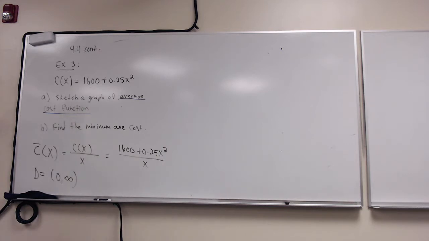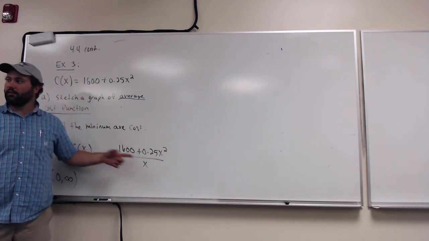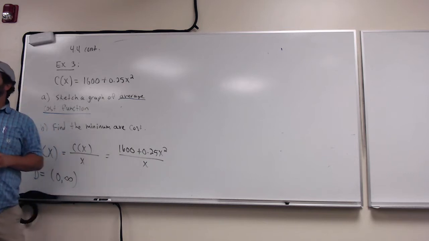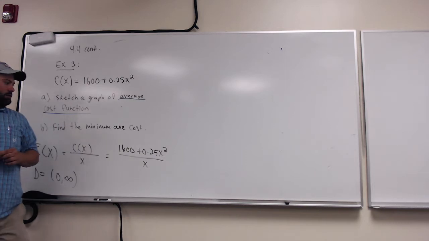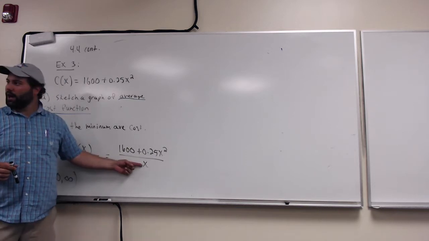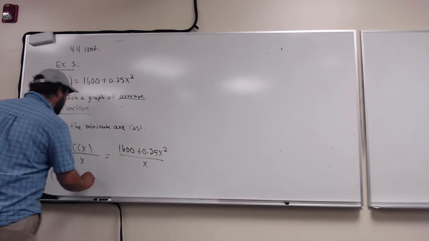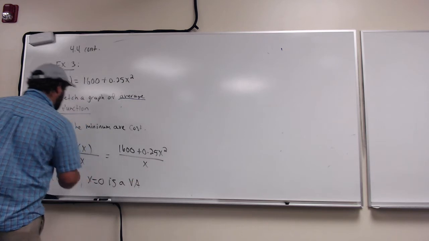Okay. And then technically, because we're dividing by x, are there going to be any asymptotes? What was the rule for vertical asymptotes again? What makes the denominator 0? Yeah, anything that makes the bottom 0 but not the top. So x equals 0 is a vertical asymptote.